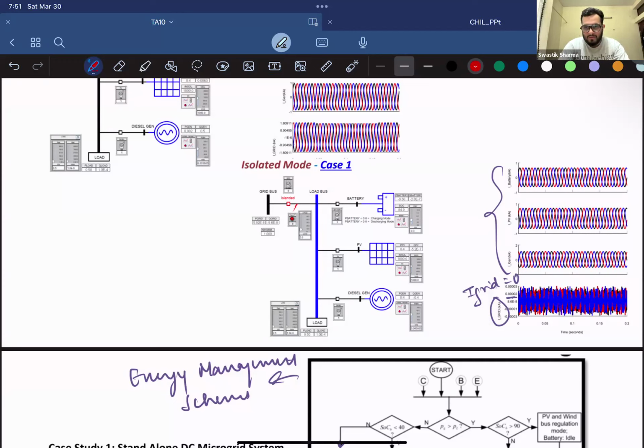Let me see. Okay, let me see. I don't think this interactive transformer is the same as the interactive current, Dharani.